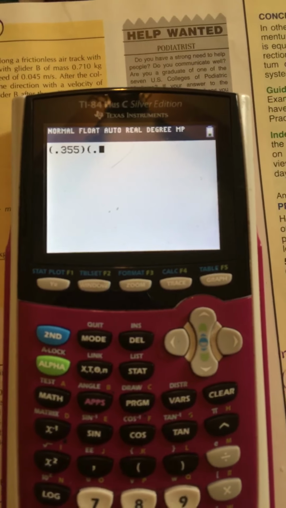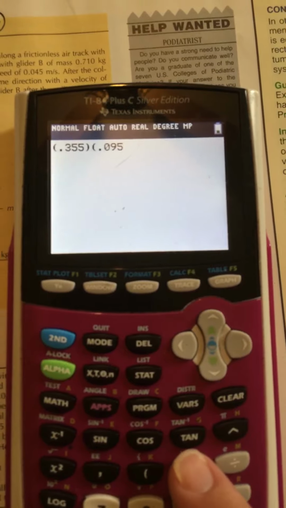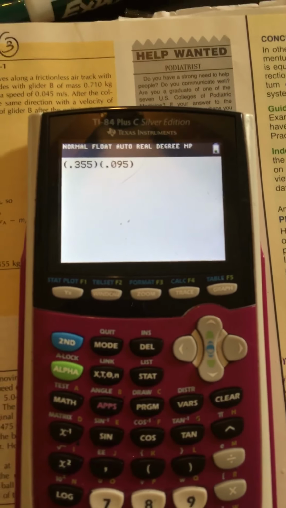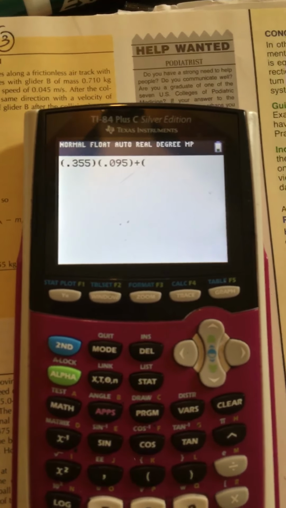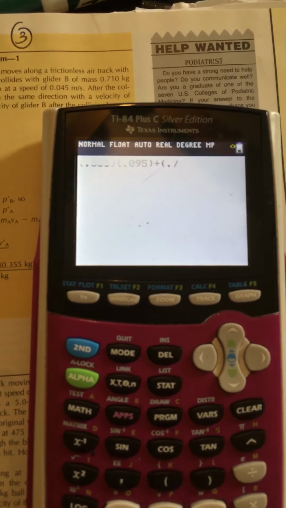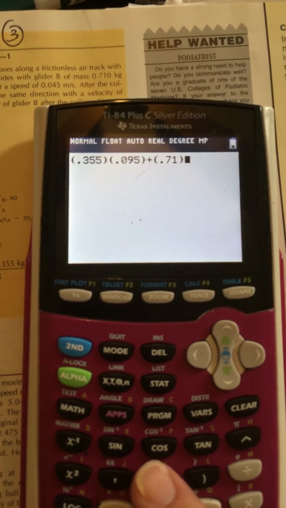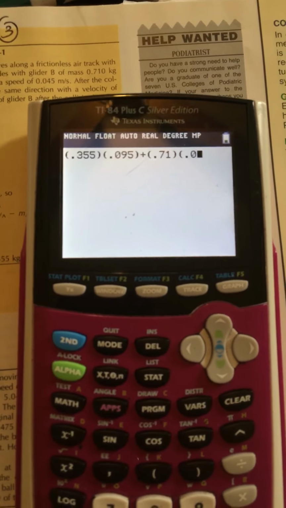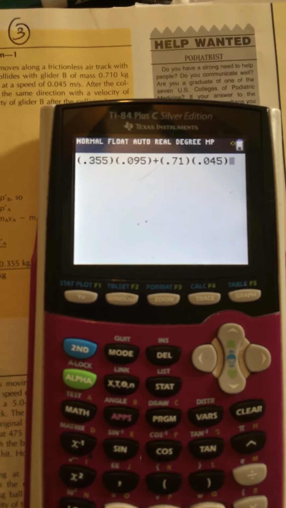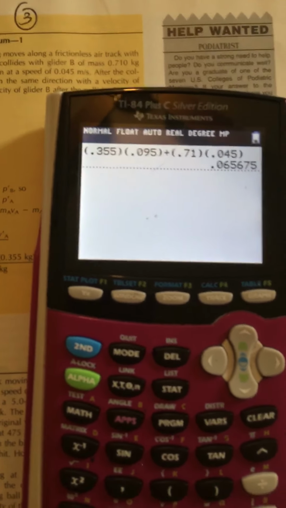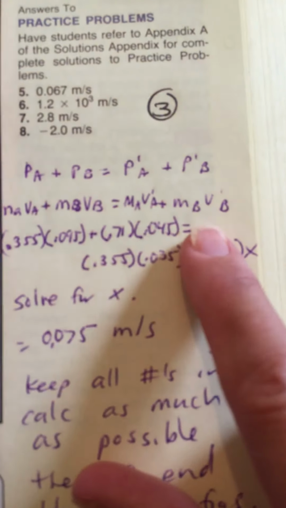Beginning parentheses, 0.095 in parentheses, plus beginning parentheses 0.71 in parentheses, beginning parentheses 0.045 in parentheses equals. Okay, so that's my answer for this side.